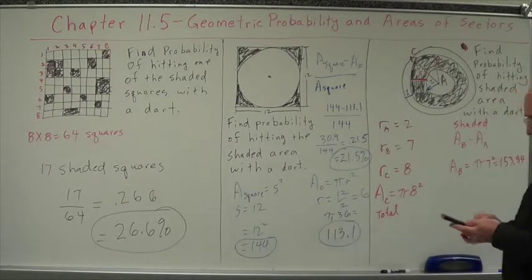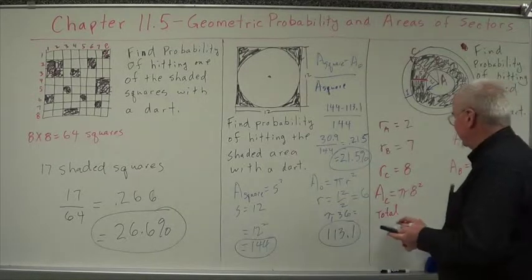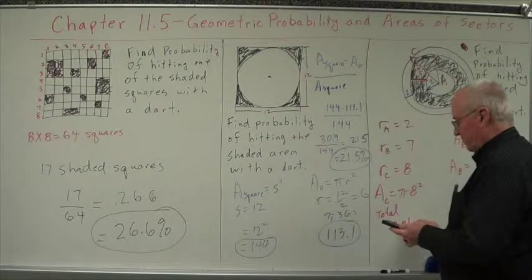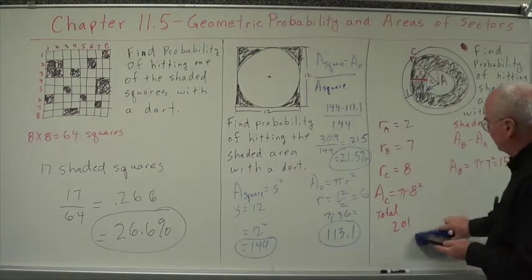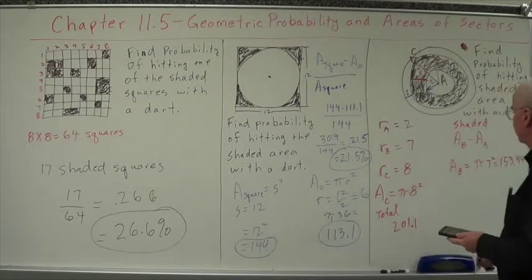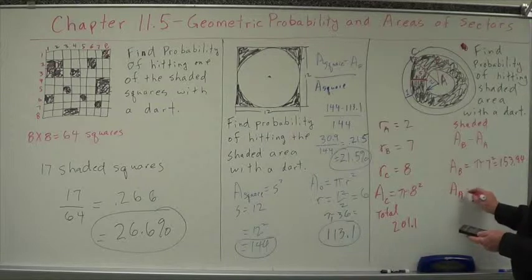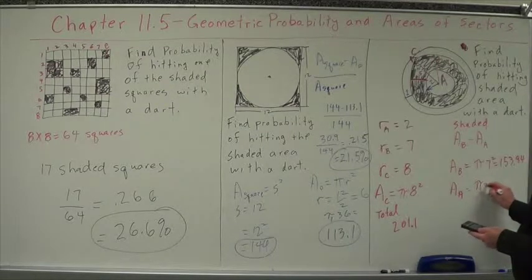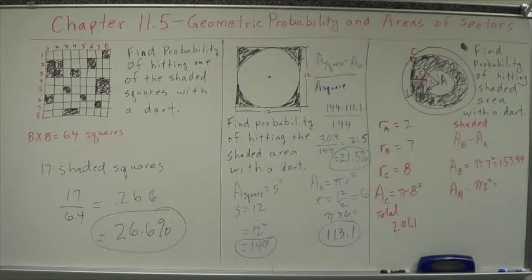Pi times 64 equals 201.1. Now what is our area of A? Pi times 2 squared equals 4 times pi, 12.57.